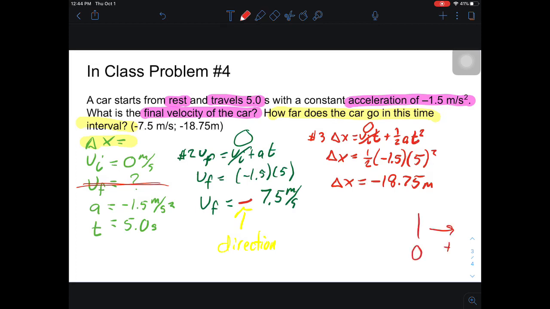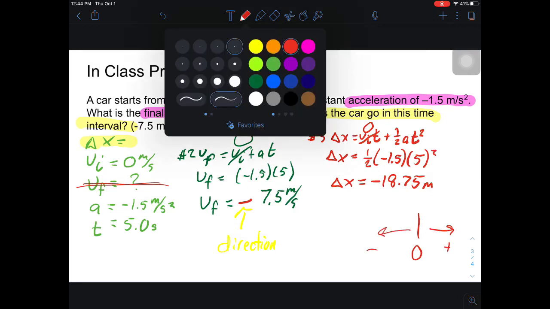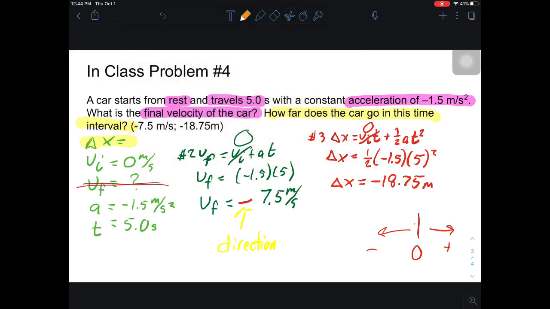Remember, positive, negative. They started here at 0 meters and then they went 18.75 meters that way to the left. That's what that negative sign means. It moved to the left.